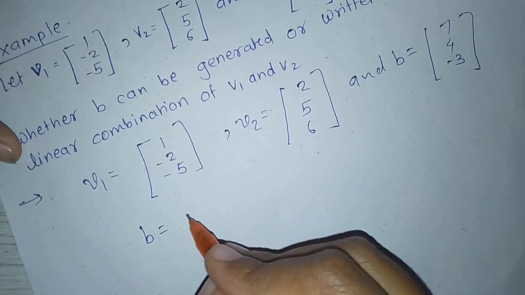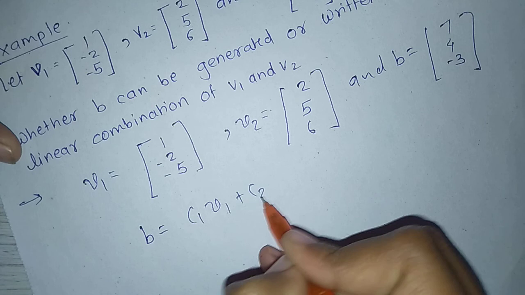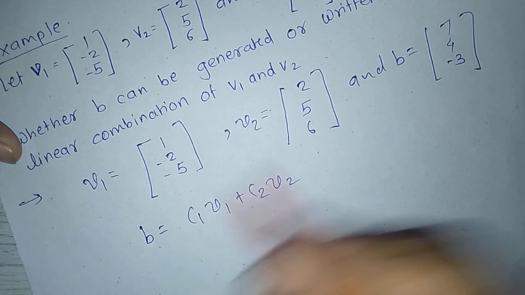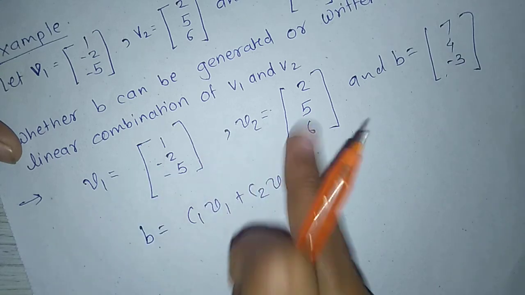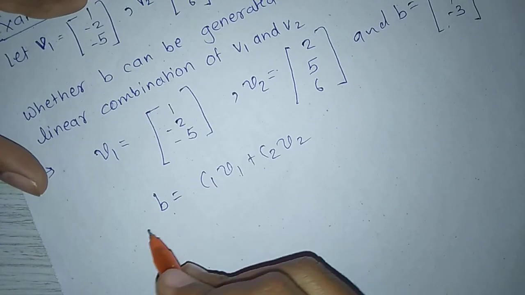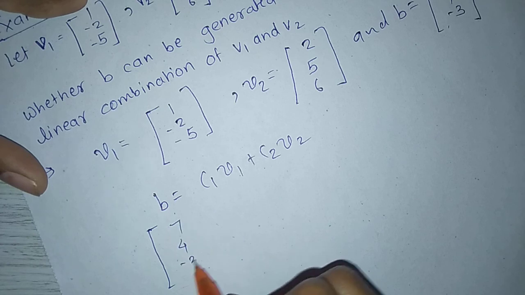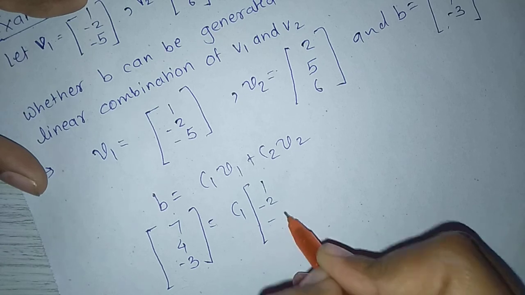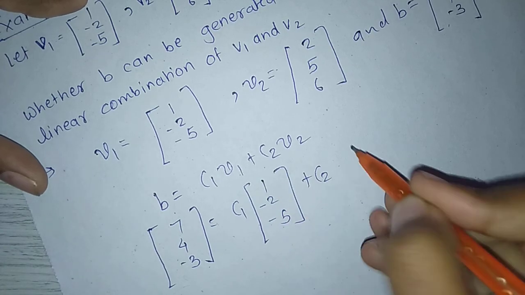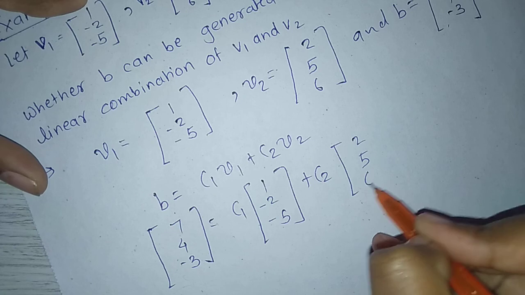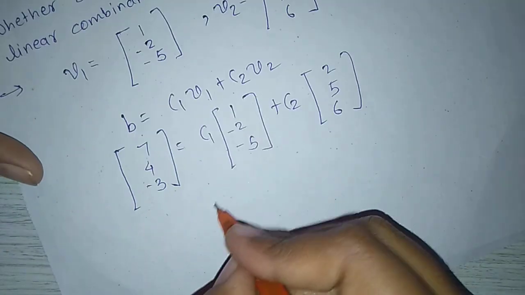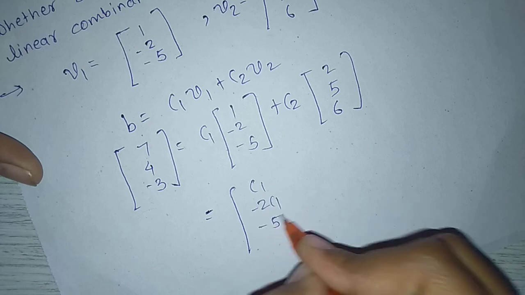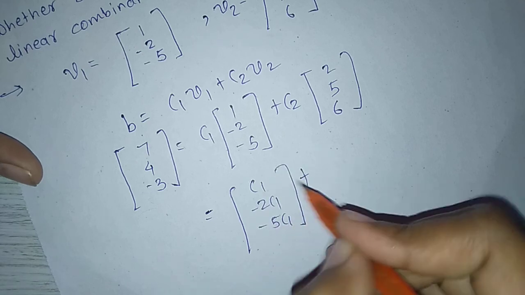b equal to c1 v1 plus c2 v2. When c1 and c2 exist, then we can say that b is a linear combination of v1 and v2. b is 7, 4, minus 3, equal to c1 into v1, 1, minus 2, minus 5, plus c2 into v2, 2, 5, 6. We get c1, minus 2c1, minus 5c1 by scalar multiplication of c1.